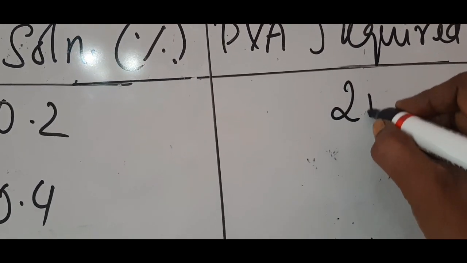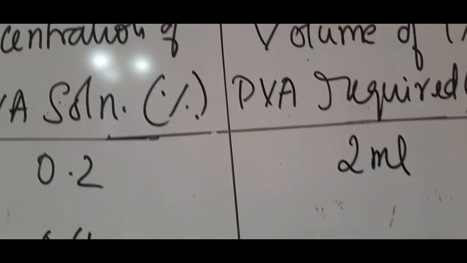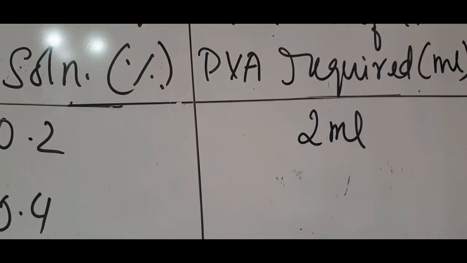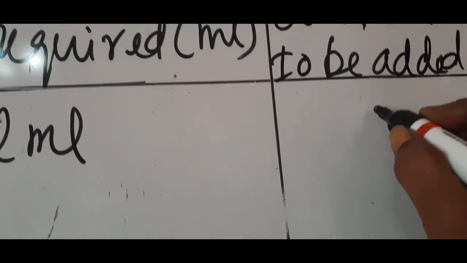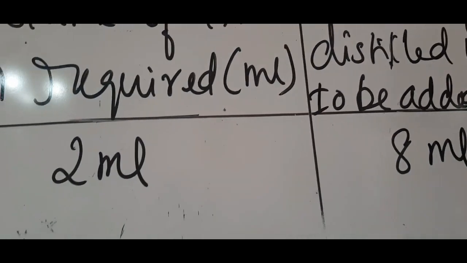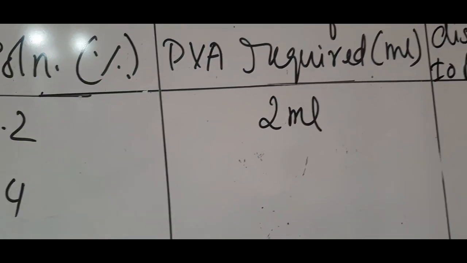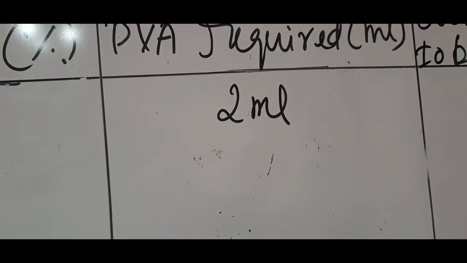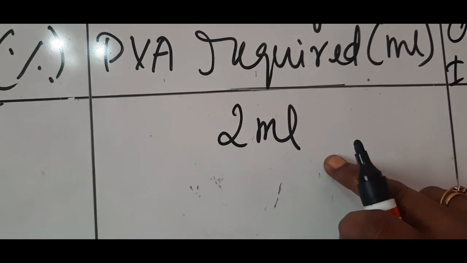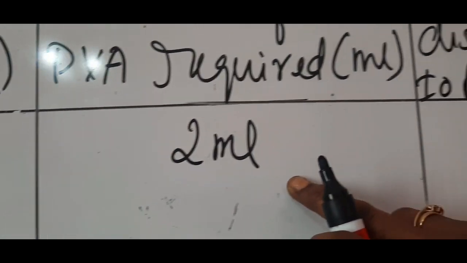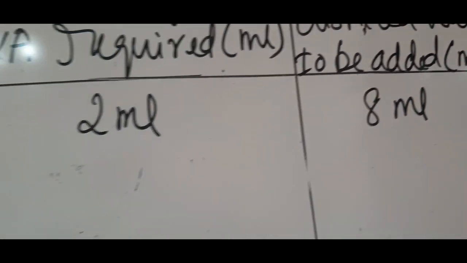So 2 ml of 1% PVA is taken, and then 8 ml of distilled water is added. We make it up to 10 ml, that is, 2 ml of 1% PVA with 8 ml of distilled water added to get 0.2 concentration.